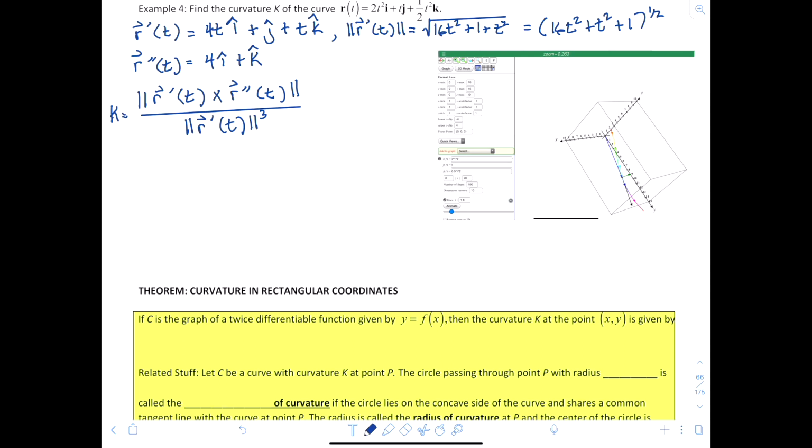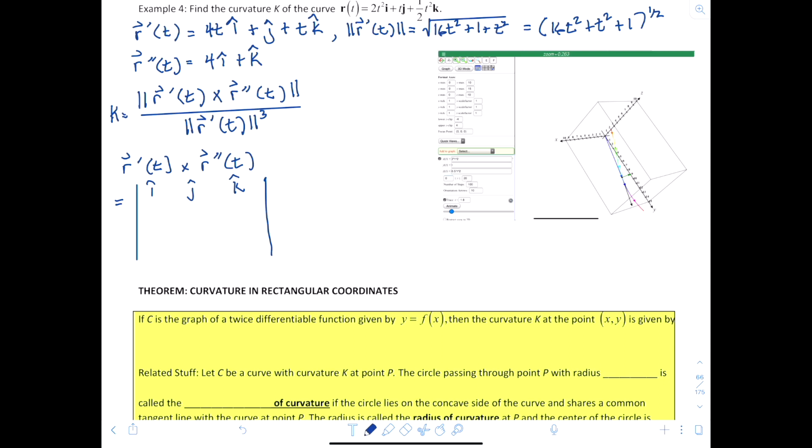Now, r prime, this cross product, right? So r prime at t cross r double prime at t is going to equal to i, j, k.